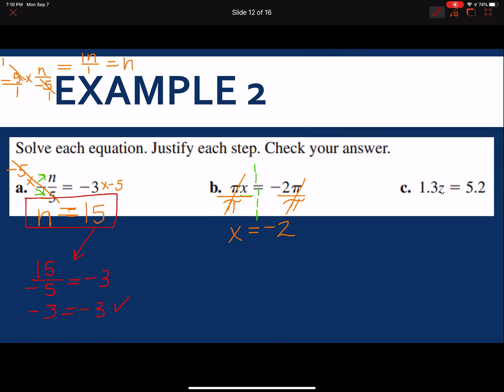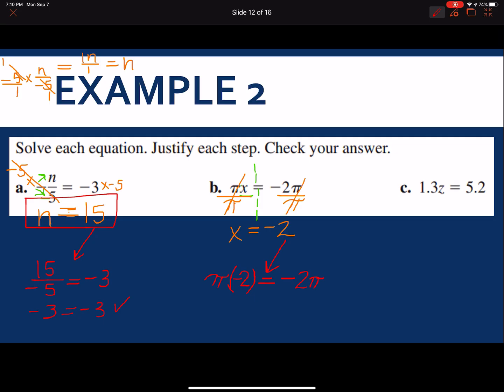Now let's verify if we're unsure if this is the correct solution. So I'm going to take my original equation where I have the pi and I have x, and I'm going to substitute the negative 2 in place of x, which equals negative 2 pi.